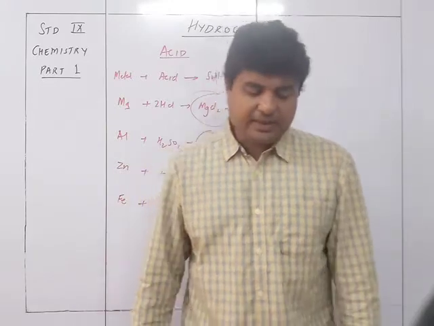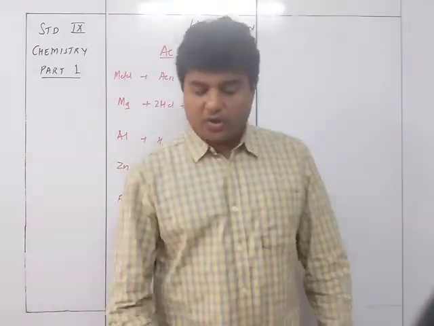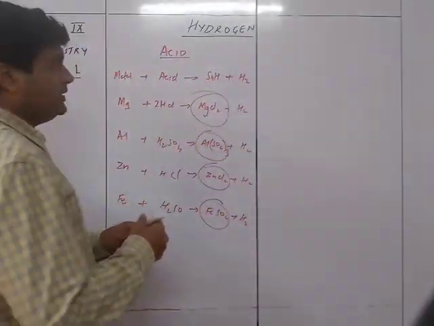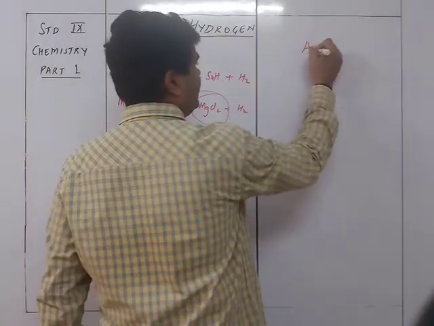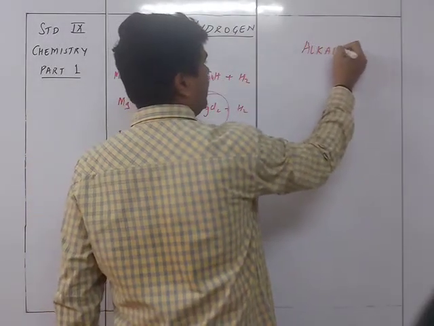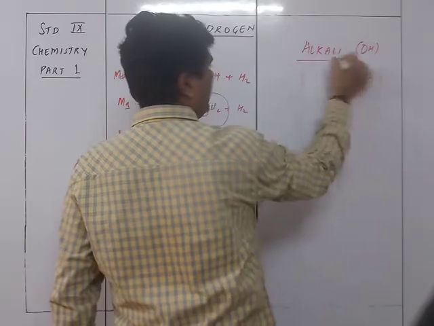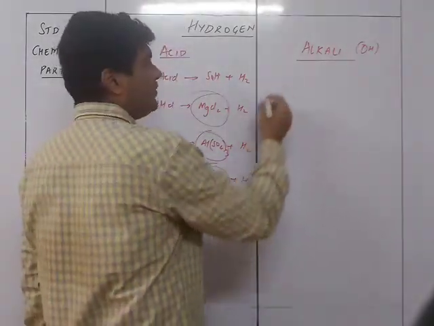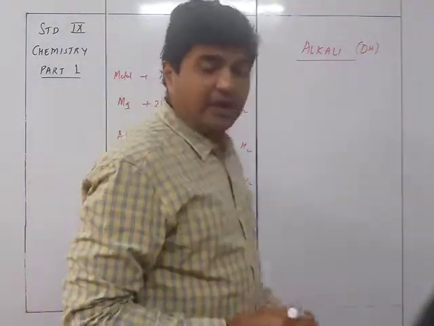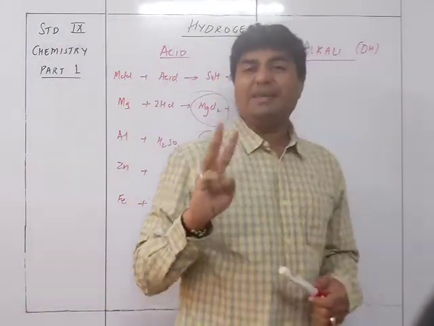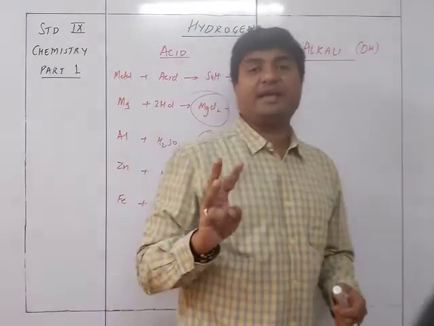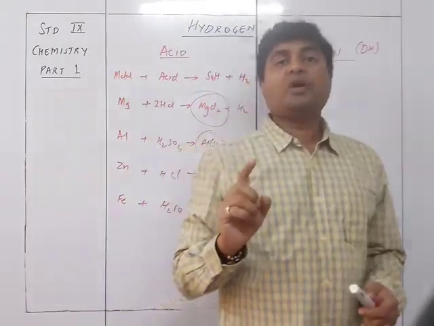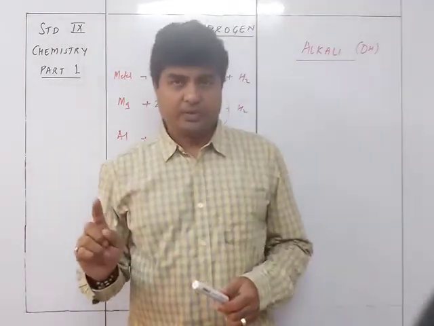The next is the general method of alkali. So this was acids. We also know that all alkalis, that is all hydroxides, have got hydrogen in them. So if I am using NaOH, only 3 metals can be used because they are amphoteric in nature.